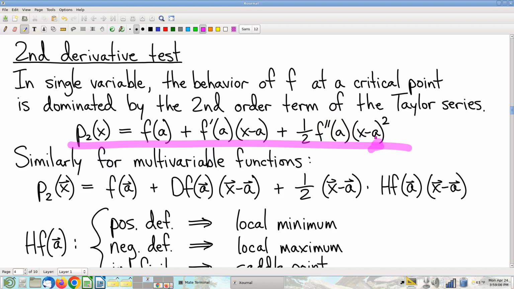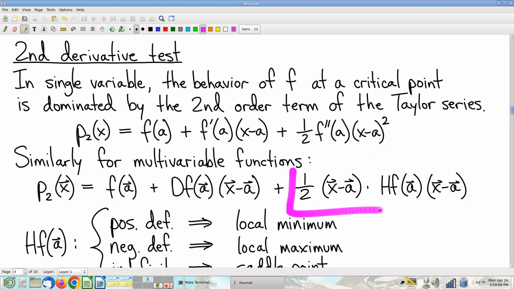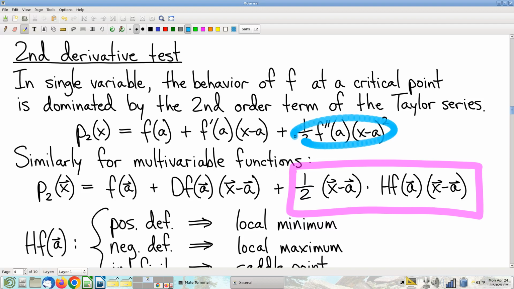Okay, what about the second order term in the multivariable Taylor polynomial? This is a quadratic form. This is not just a product of scalar factors, a nice simple thing like we had in the single variable case. This is a sophisticated object of linear algebra. This is a problem, right?